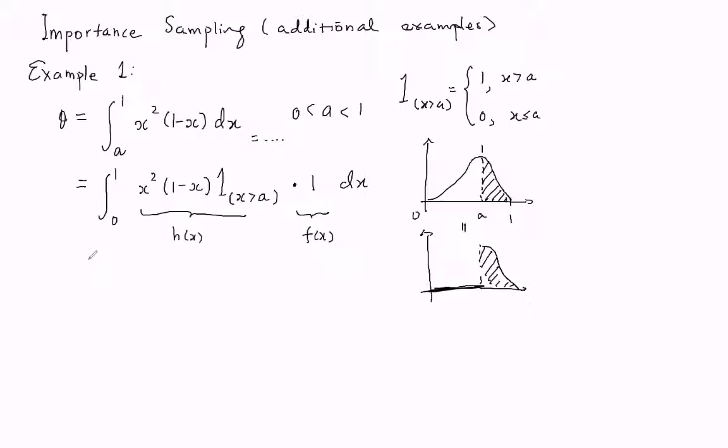Now, once you write it like this, you can actually express it in terms of the expectation, right? So the expectation of x squared times 1 minus x, times the indicator function x greater than a, where your x is uniform 0, 1.